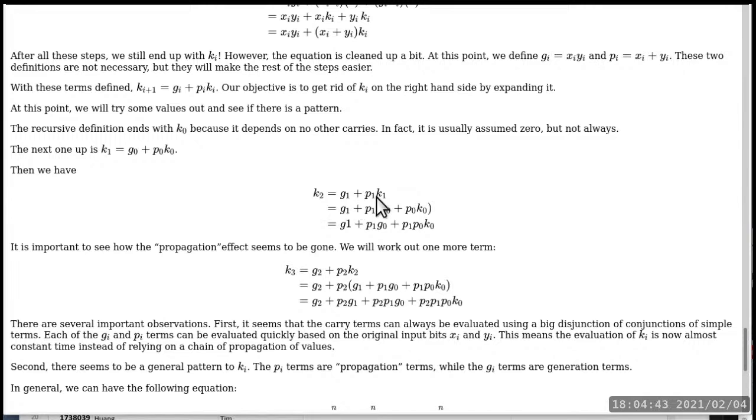Because K1 as a subcircuit has 2 levels of gates, so when the output of K1 is used in the AND gate and then the output of the AND gate is ORed, now you have 4 levels of gate logic in terms of propagation time. And that is exactly what we're trying to minimize, okay? It's the propagation time.